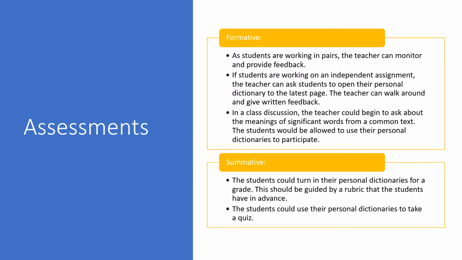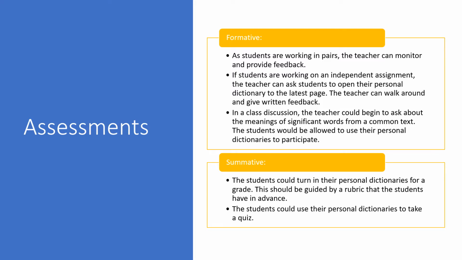Maybe a student slightly misidentified a term. Maybe the student provided an example that wasn't the best example for the term. And of course, you always want to provide praise for a job well done, something that was done correctly, maybe even a particularly apt example.